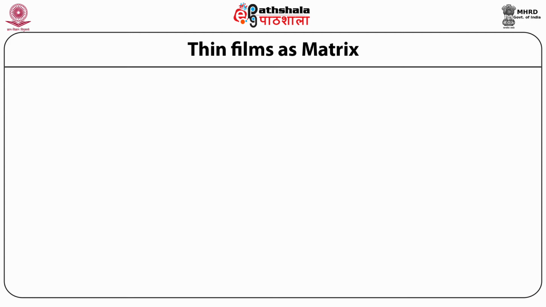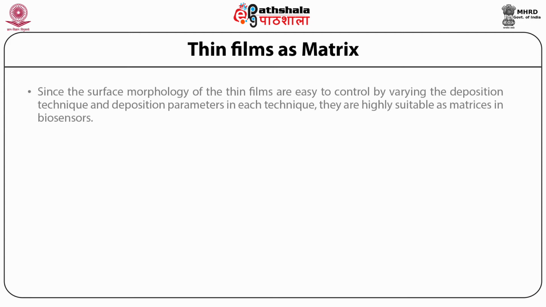Thin films as matrix. Since the surface morphology of thin films is easy to control by varying the deposition technique and deposition parameters in each technique, they are highly suitable as matrices in biosensors.